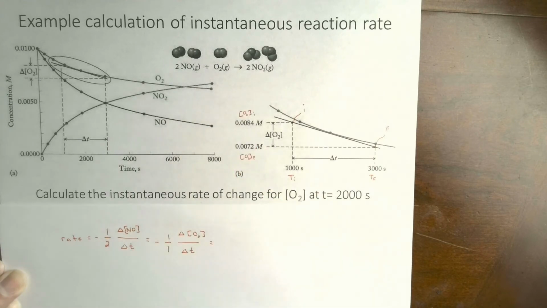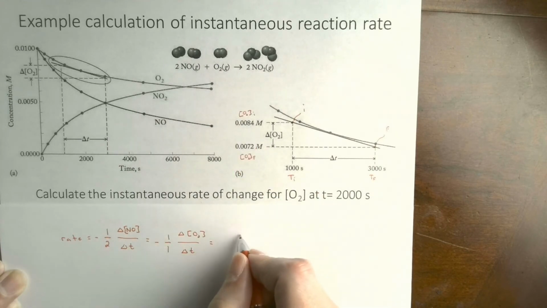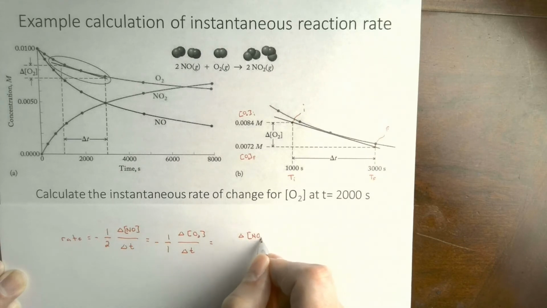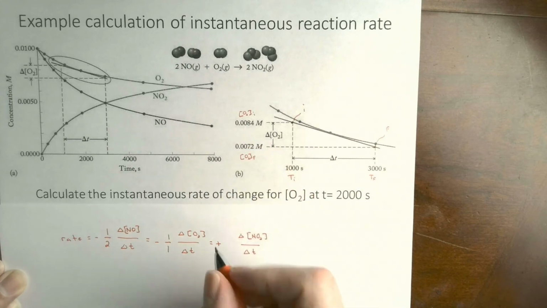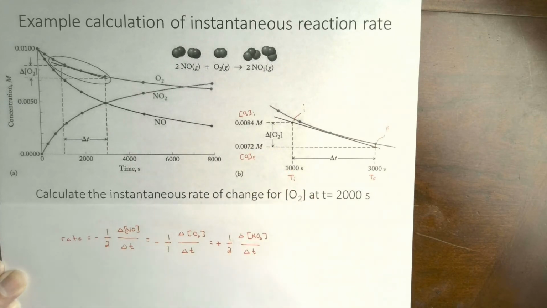And then we could write it based on the product. And the product is nitrogen dioxide. So change in concentration of nitrogen dioxide over change in time. Because it's a product, it's appearing, so it's going to have a plus sign to the rate, and it's going to have a factor of 1/2. And all those things would be equal.